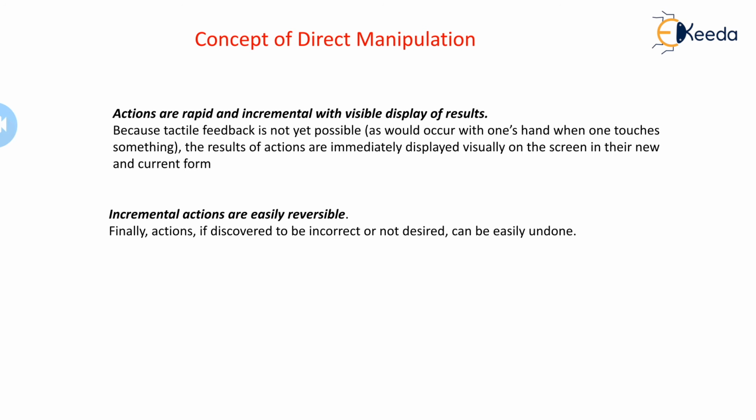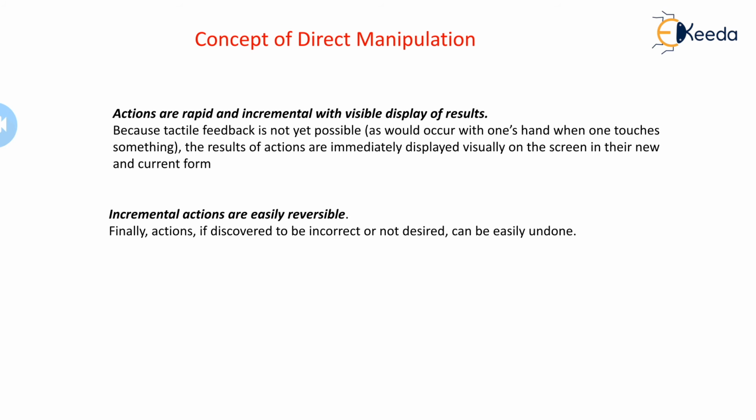Then actions are rapid and incremental, with visible display of results, because there is feedback, as it would occur with one's hand. When one touches something, that means I'm touching the pointing device, and what I intend to do, I'm clicking on it.